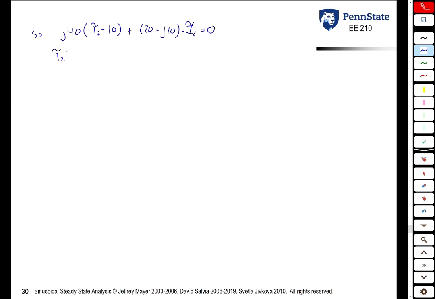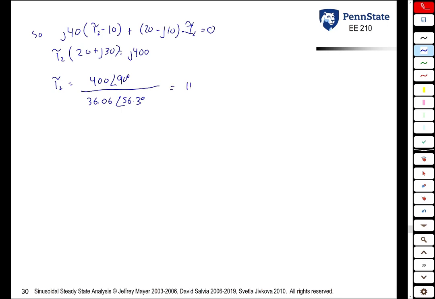So we get I2 tilde times (20 plus J30) is equal to J400, or I2 tilde is J400, which is 400 at an angle of 90 degrees, over 20 plus J30, which is 36.06 at an angle of 56.3 degrees.